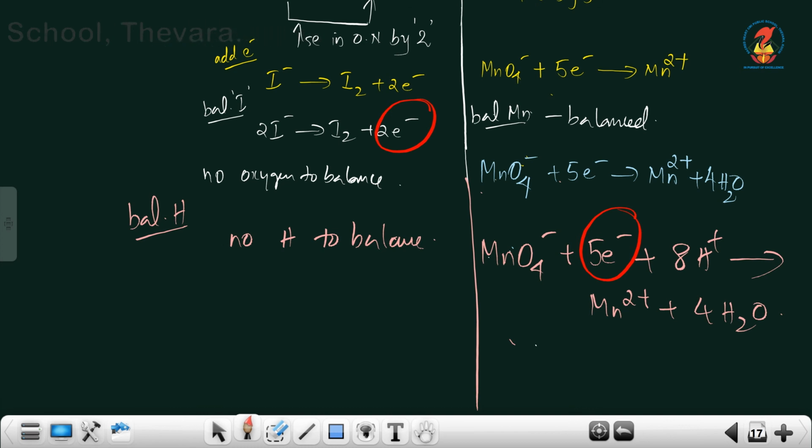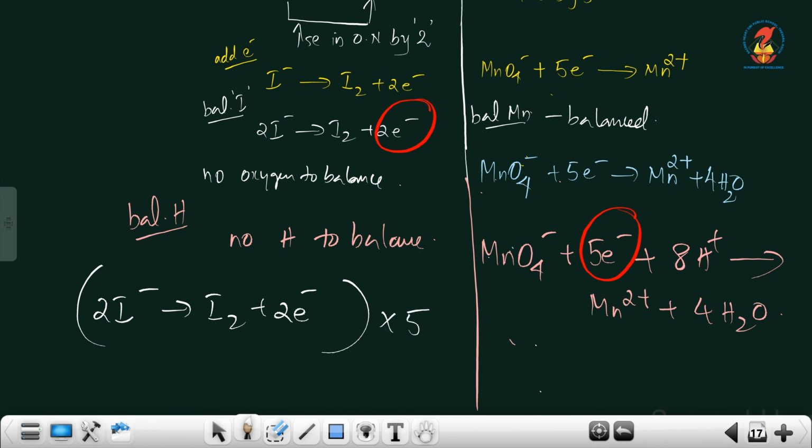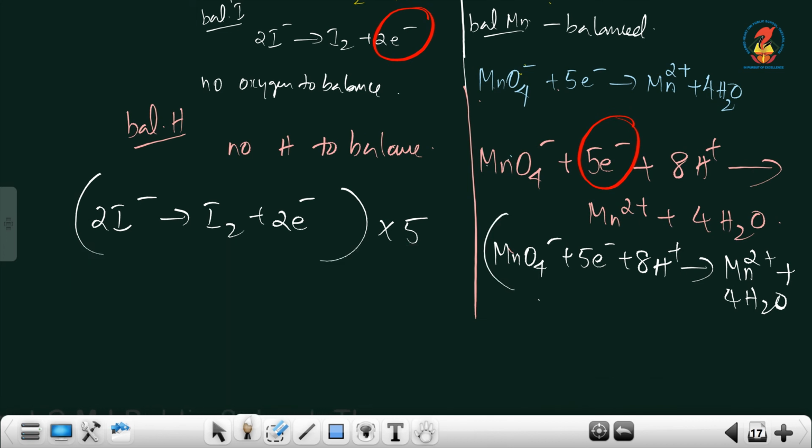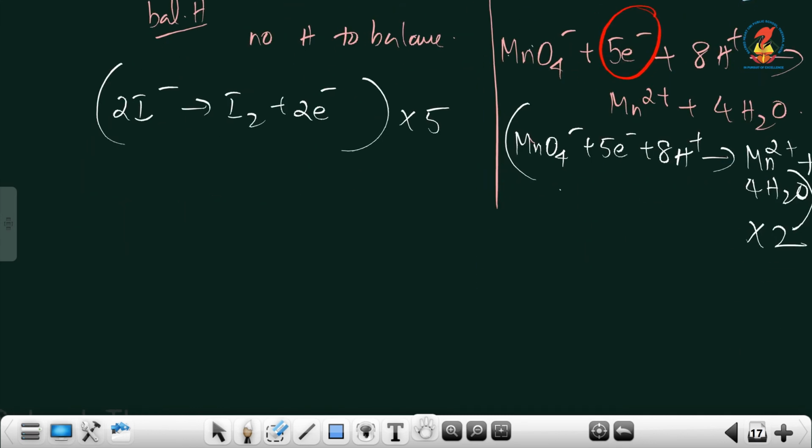So we write 2I minus giving I2 plus 2 electrons multiply with 5, and this equation MnO4 minus plus 5 electrons plus 8H plus giving Mn2 plus 4H2O, that we have to multiply with 2.